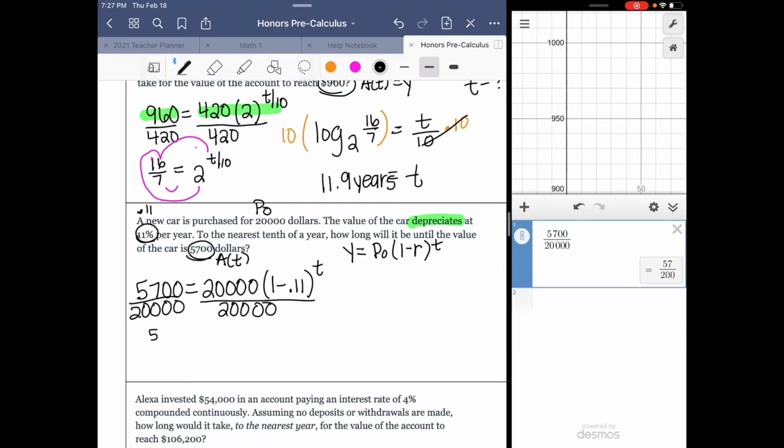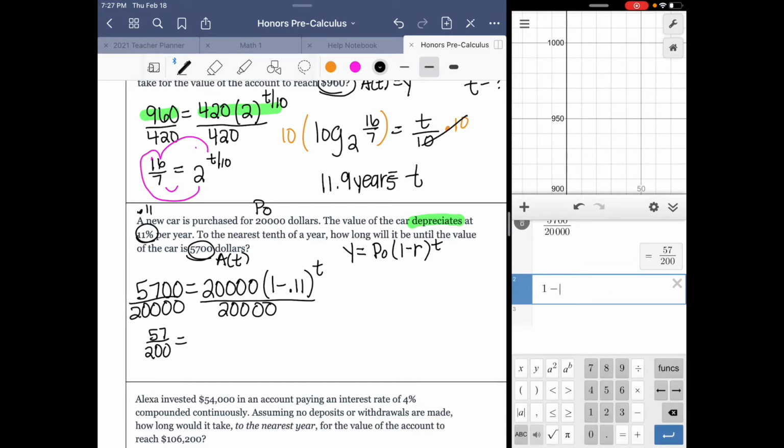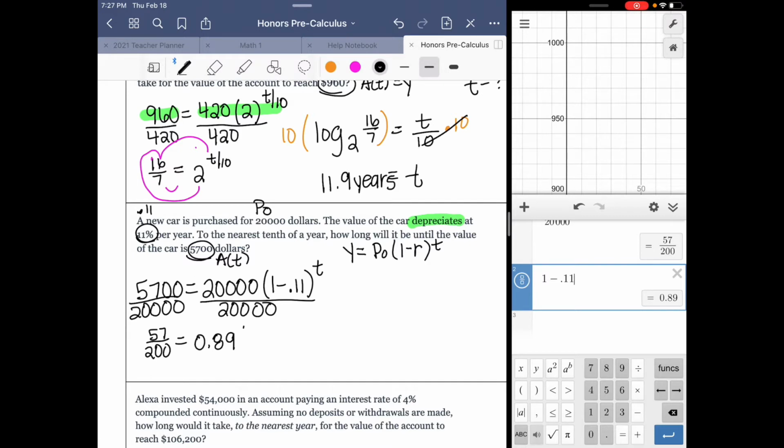Again, I'm going to keep my exact value here, because I want an exact answer at the end. I can subtract 1 minus 0.11, and that gives me 0.89 raised to t. Now I can convert it.